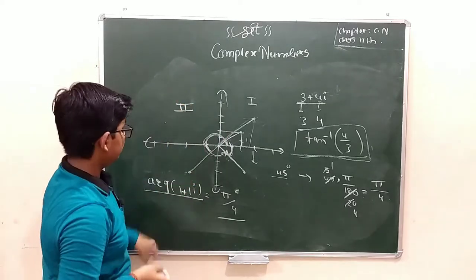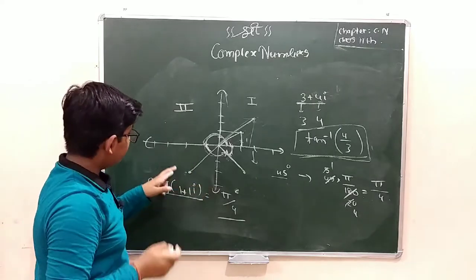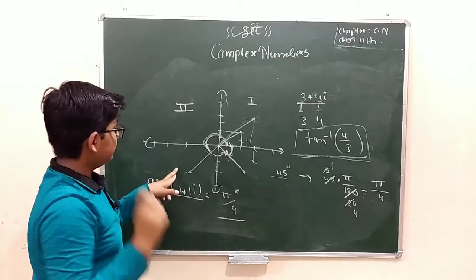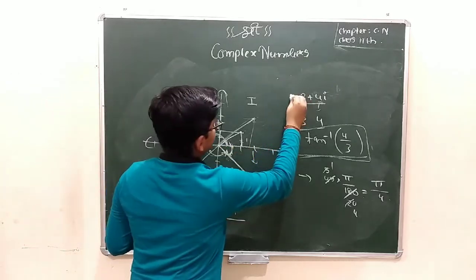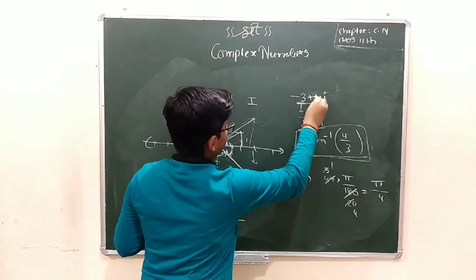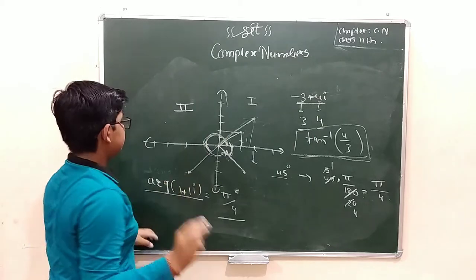In the third quadrant, both the real part and the imaginary part are negative, so it is lying in the third quadrant.